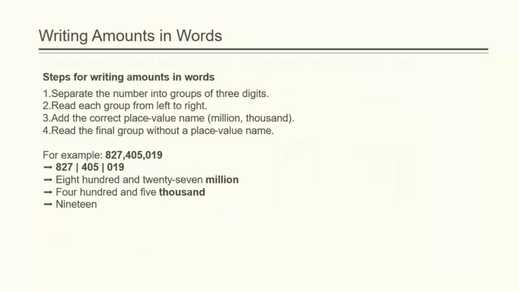First of all, we divide the number into groups of 3. As you can see, we have the first group on the right, 019, followed by the next group, 405, followed by the last group, 827.